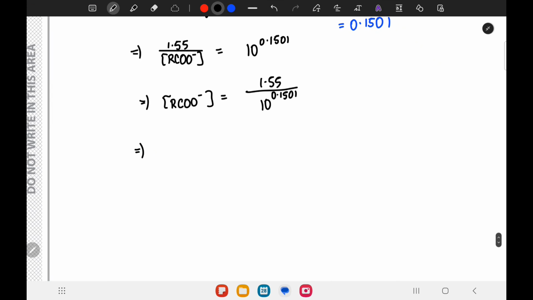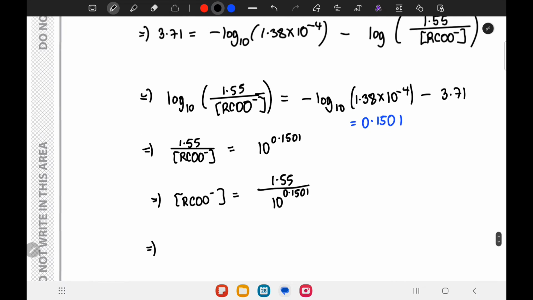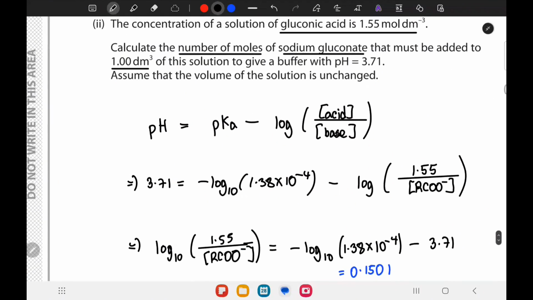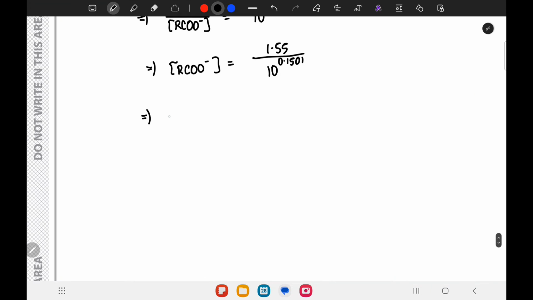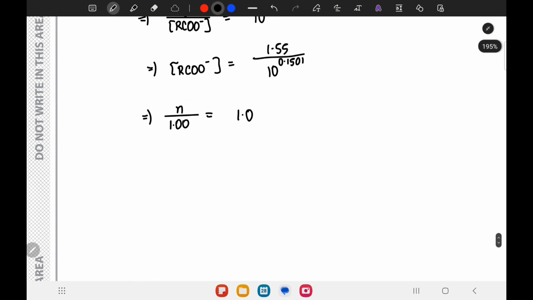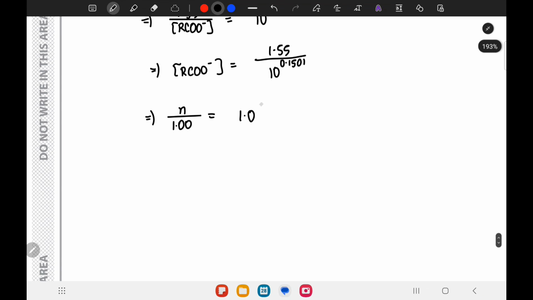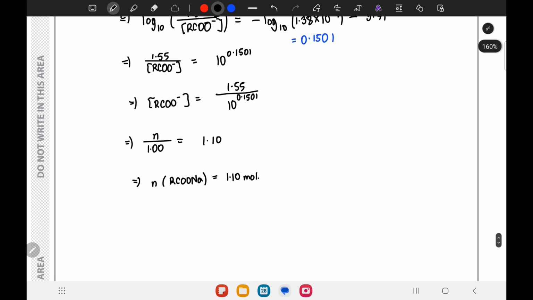From here, the concentration of RCOO⁻, which will also be equal to the number of moles since we have 1 dm³, is 1.097, so 1.10. So the number of moles of sodium gluconate, RCOONa, is equal to 1.10 moles. This is the answer, and that's it for this paper.